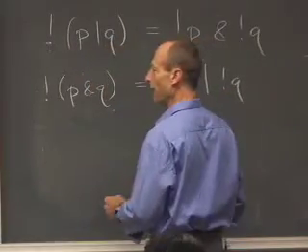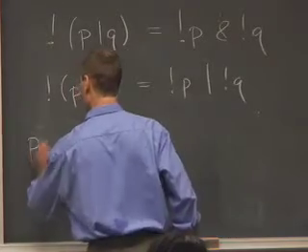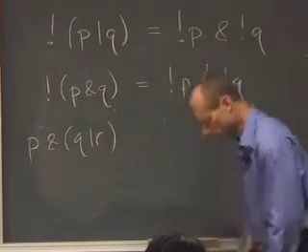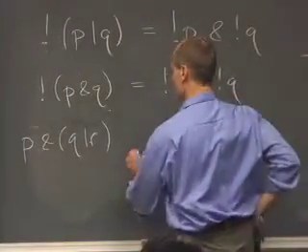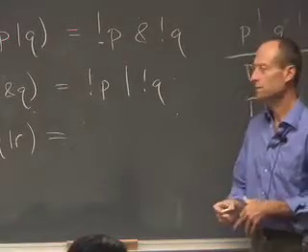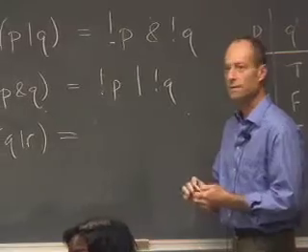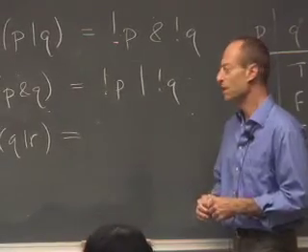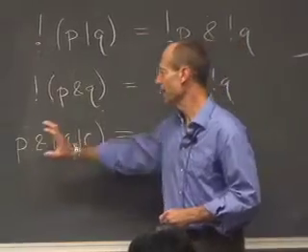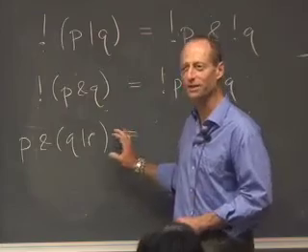How do you combine P and Q or R? This is just like A intersect B union C. It is just like that.